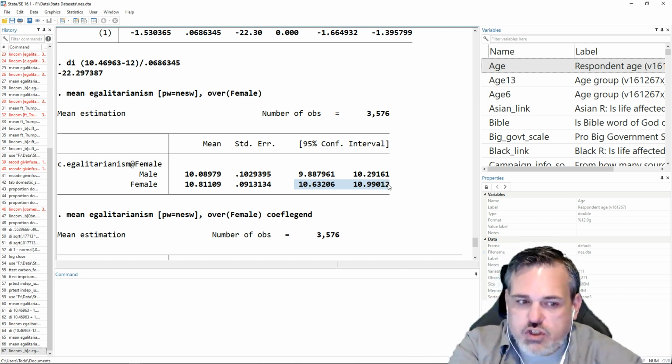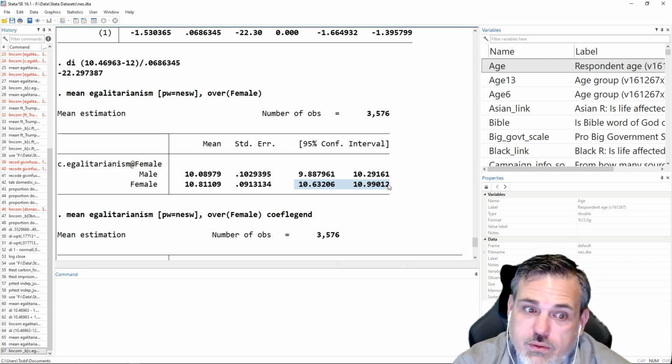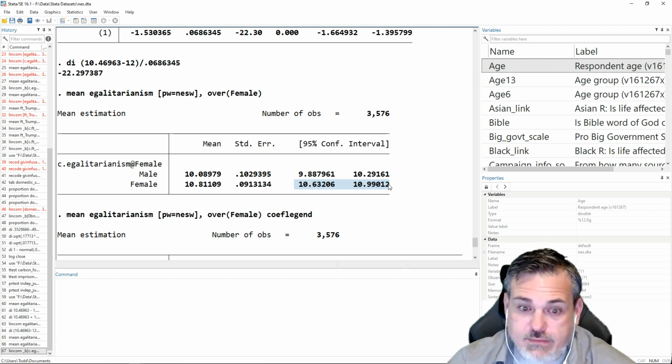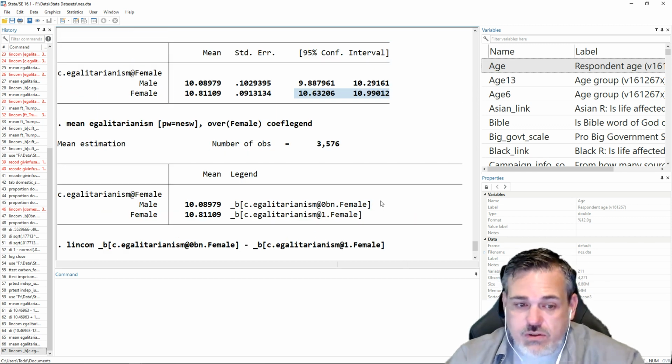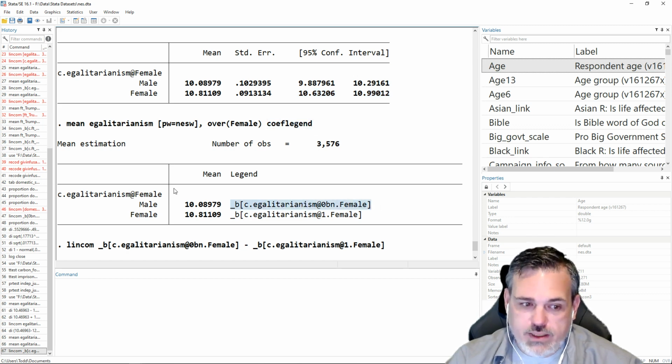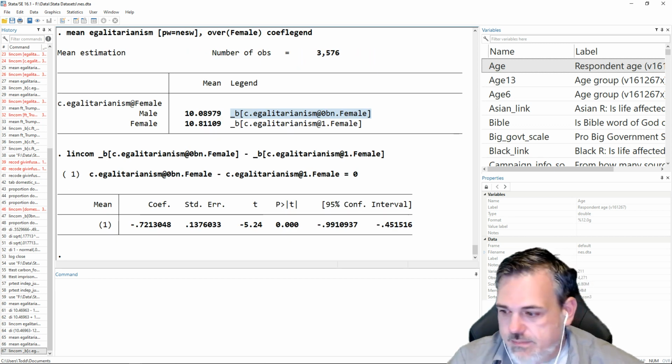So that should have told us from the get-go that the difference between the two of them was going to be statistically significant. But this is the general form that you're going to have to use to do these assignments. This coefficient legend is going to give you this output, and then you're going to use that output to examine the sample means.